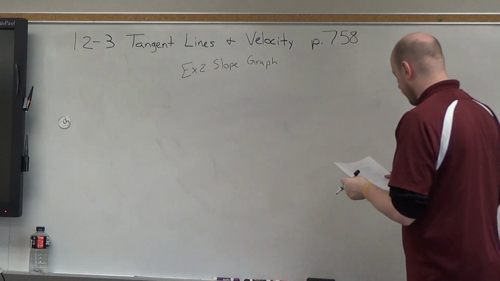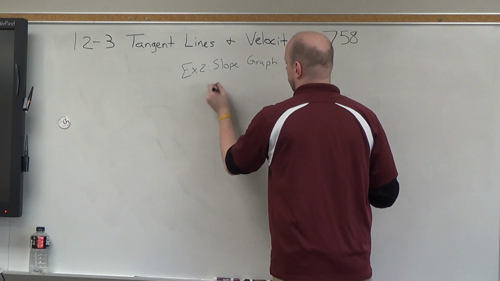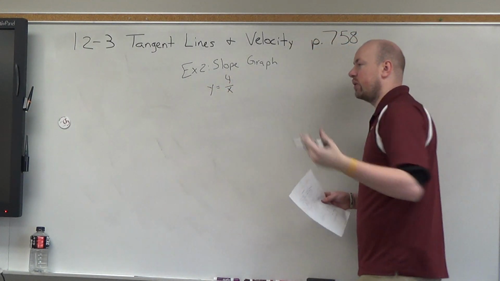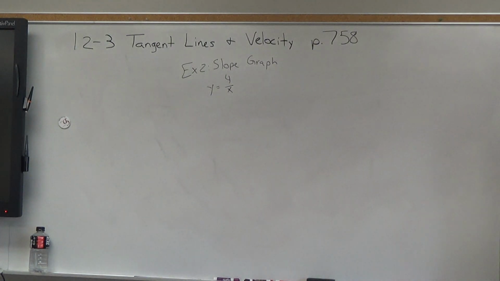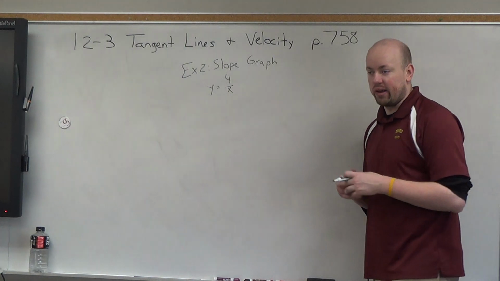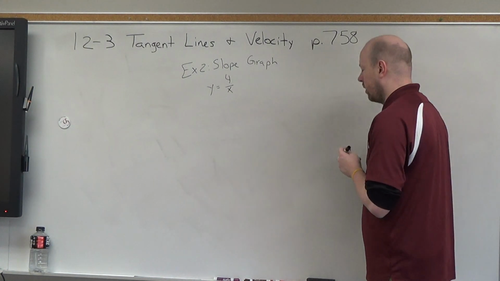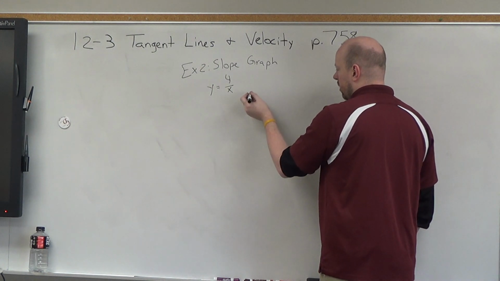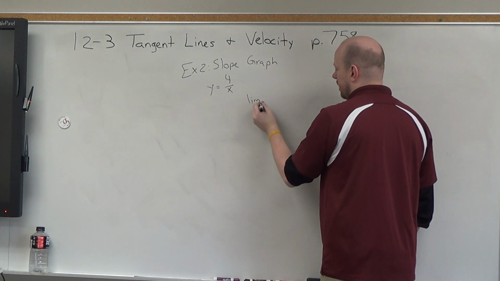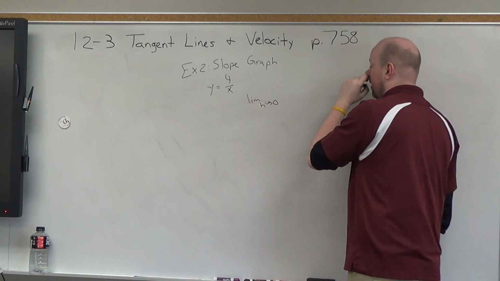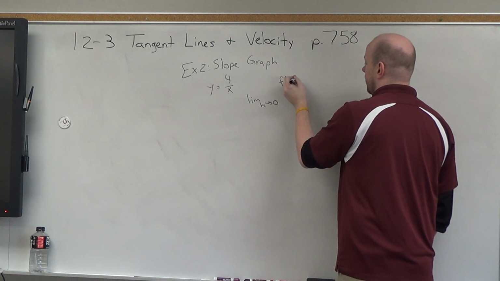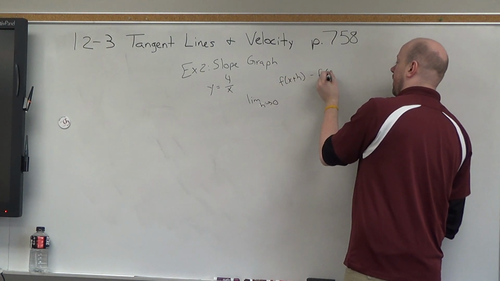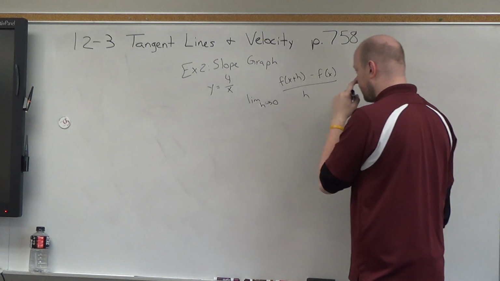So, for example, what if I have just an equation y equals 4 over x, but I don't have a coordinate? Well, sometimes your slope just turns into a graph, a function itself. What I mean by that is, again, we can still do our same process where I get the limit as h approaches 0 of f of x plus h minus f of x over h.